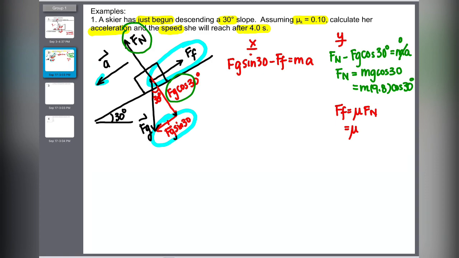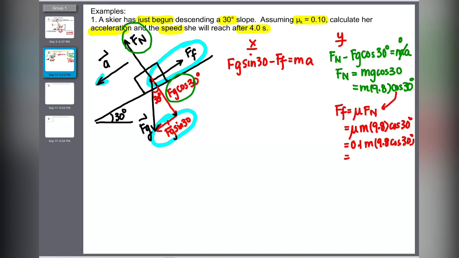I'm not going to multiply it out right now. I'm just going to write in my number. So I'm multiplying this into the Fn. It looks really big, it looks ugly, but we're going to move on. I know mu is 0.1 times m times 9.8 cos of 30.